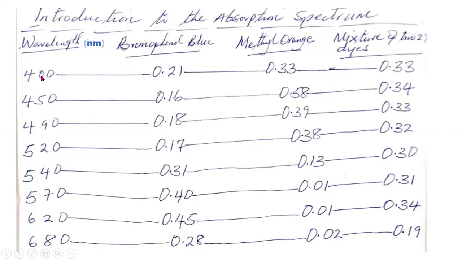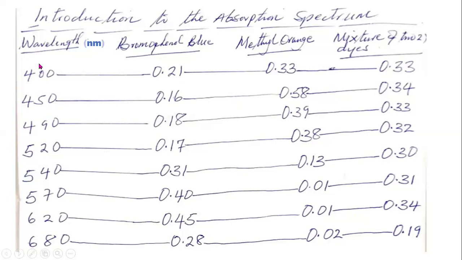You can see at 400 nanometers, we have 0.21 absorbance for bromophenol blue, 0.33 for methyl orange, and 0.33 also for the mixture of the two dyes. Also at 450, we took the absorbance for the two dyes and the mixture, up to 680 nanometers.